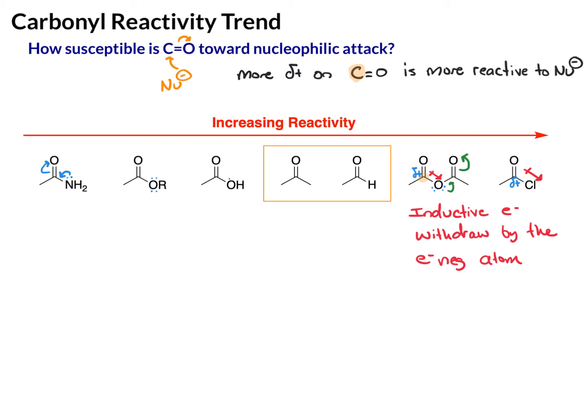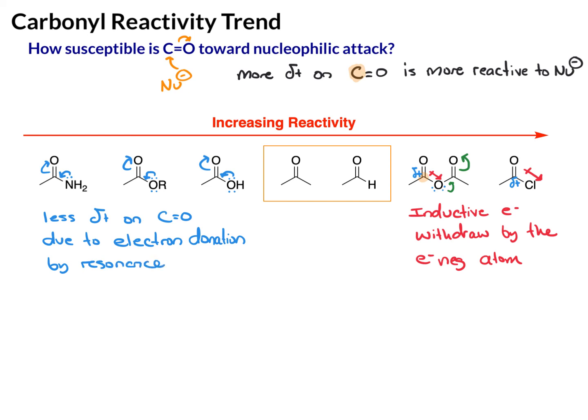Likewise, on the ester and the carboxylic acid, we have the same thing. So that electron donation puts a lot of electron density onto that carbon, making the carbonyl carbon less partially positive.